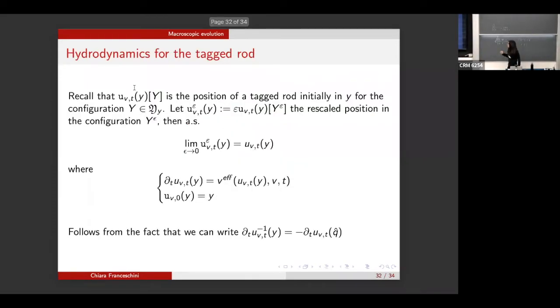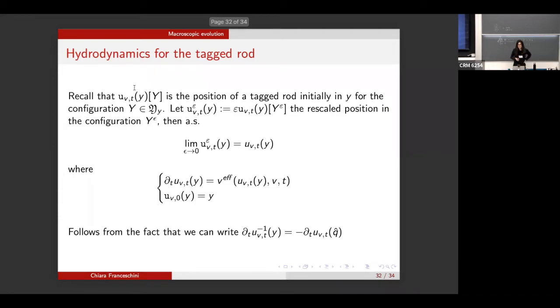And then another thing that you might ask would be some law of large numbers, some hydrodynamic results for the position of the tag rod, which is initially placed at the point Y. So you want to follow the dynamics. Again, you rescale, you go to the configuration Y epsilon.